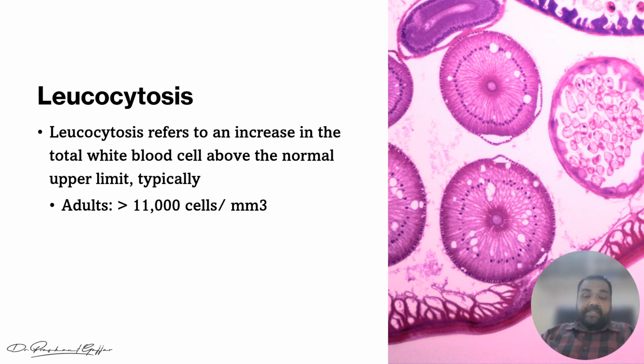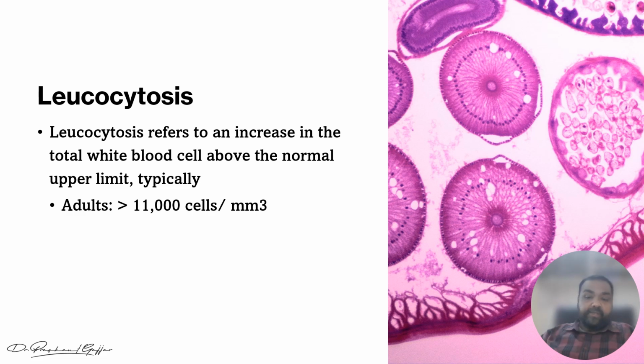So if it is more than 11,000 per cubic mm in an adult, you may say that is leukocytosis. Remember one thing, an increase in the total white blood cells is what we consider leukocytosis, right?